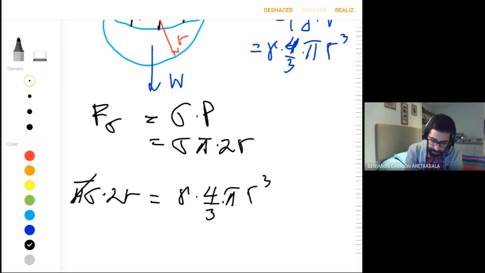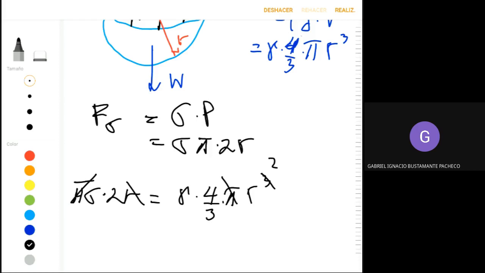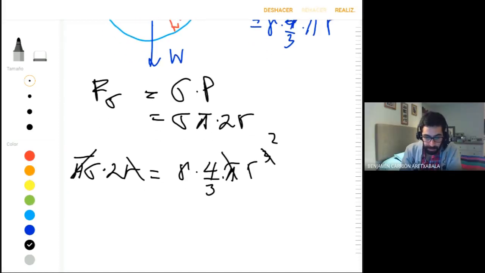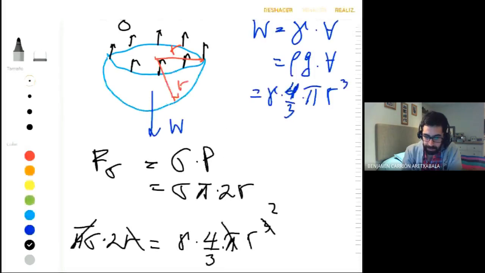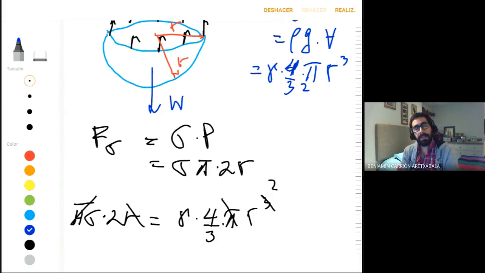So we can take those down. But you're considering the whole sphere, and it's half. Yeah, you're absolutely right. This is half, right? So this is okay. This is 2. Because this is an internal force.